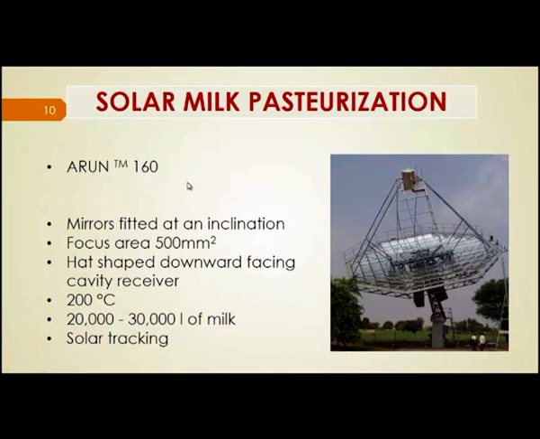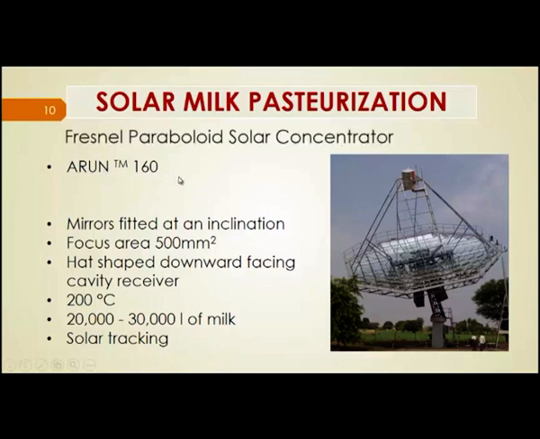Solar milk pasteurization. This is a model developed by, and the model name is Arun 160. This is called a Fresnel paraboloid solar concentrator. Here the mirrors are fitted around the concentrator at an inclination such that the focus area is around 500 mm squared.